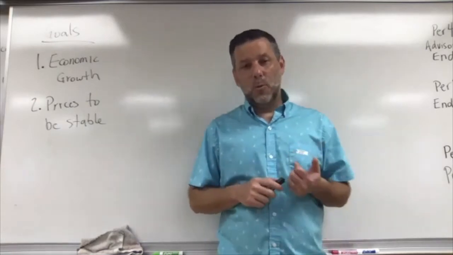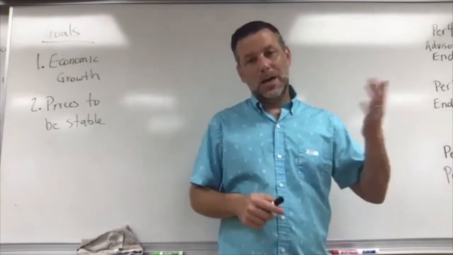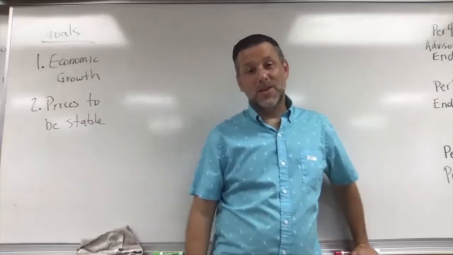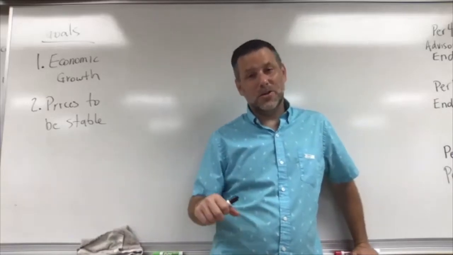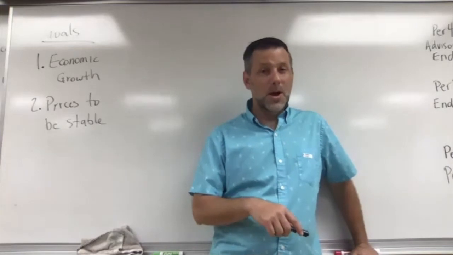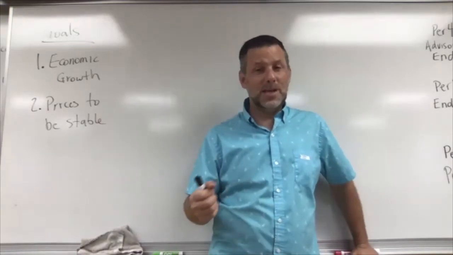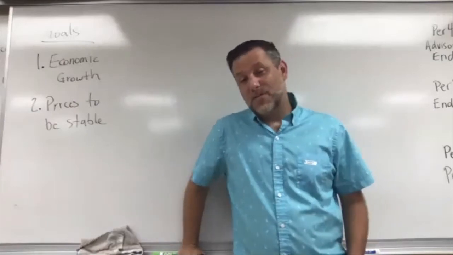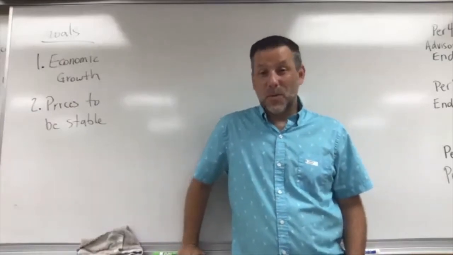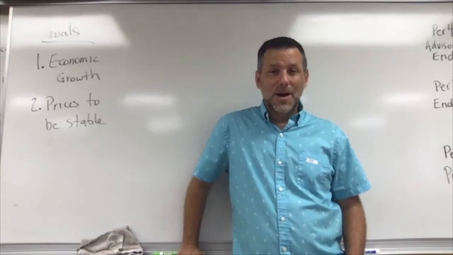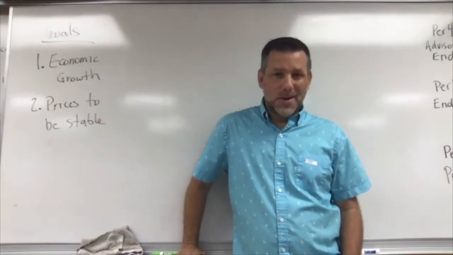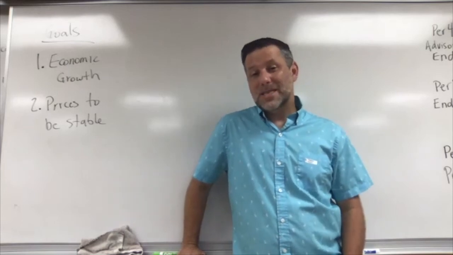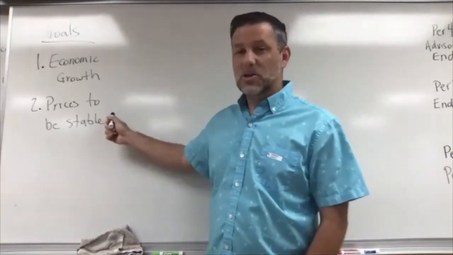So we don't want food that cost $5 last year to cost $10 this year and $20 next year. We want our prices to be pretty stable, so that if you bought a meal for $5 last year, you should be able to get it for pretty close to $5 this year. Things like healthcare or college or buying gas, we want those things to stay as stable as they can. So that's our second goal.